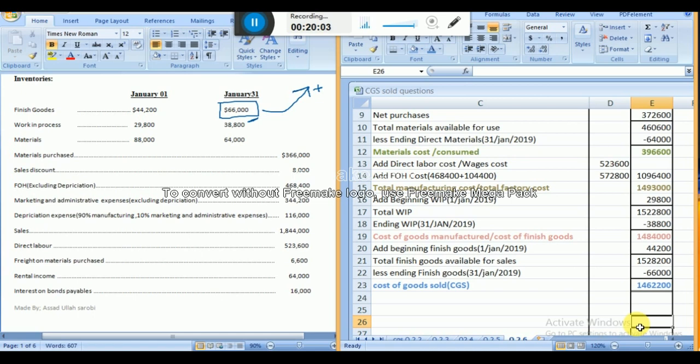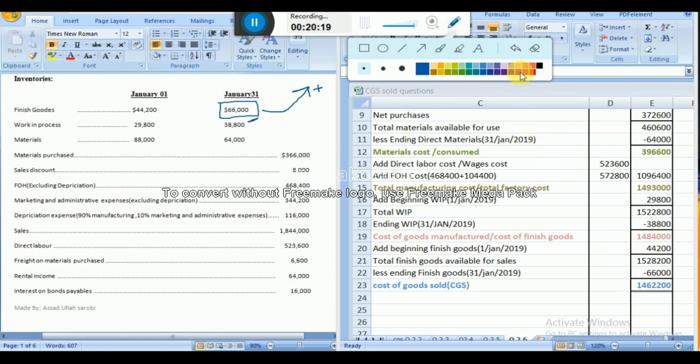This 14,62,200 shows that this is our own cost incurred by manufacturing the finished goods, and these goods are sold out. If we check the question, these 14,62,200 goods were sold by the company at the price of 18,44,400, more than the cost price. Clear now? So this was our CGS.